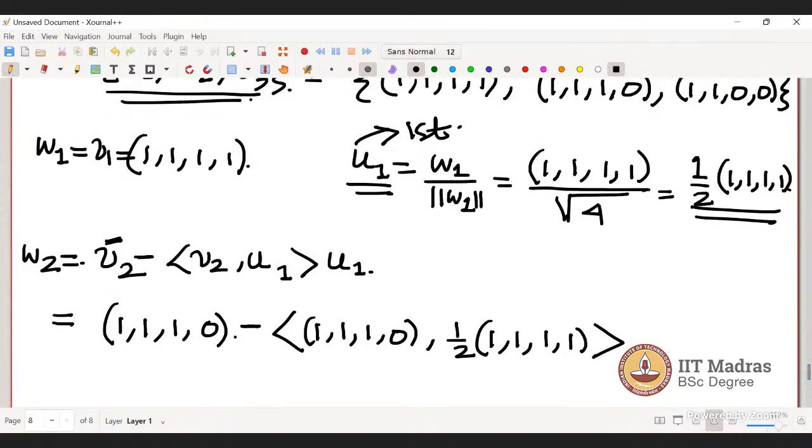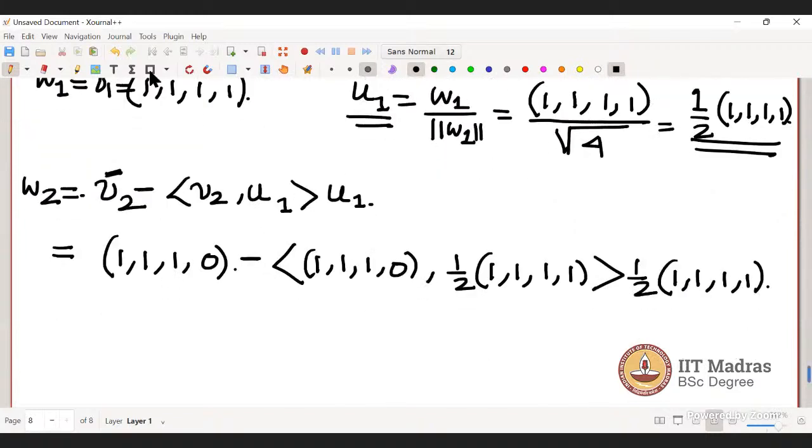Again I have to multiply with U1, half of 1, 1, 1, 1. So this is my W2. Let me compute W2.